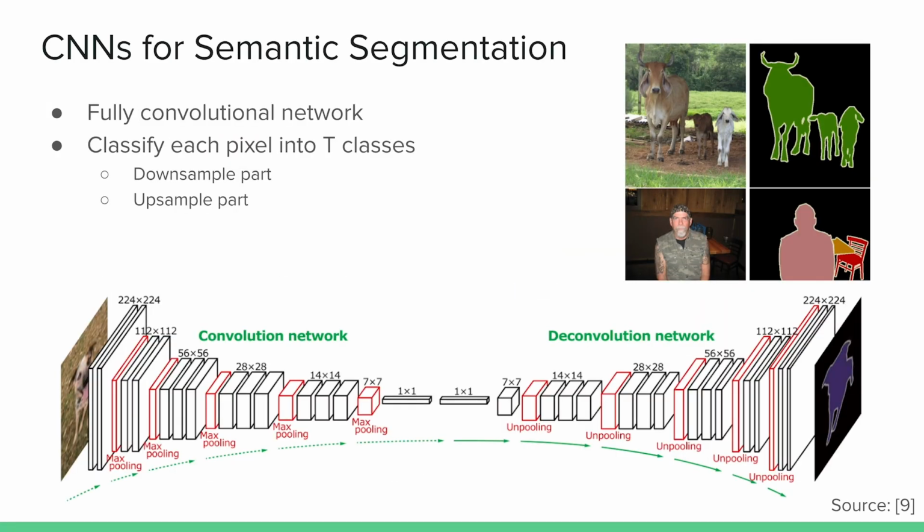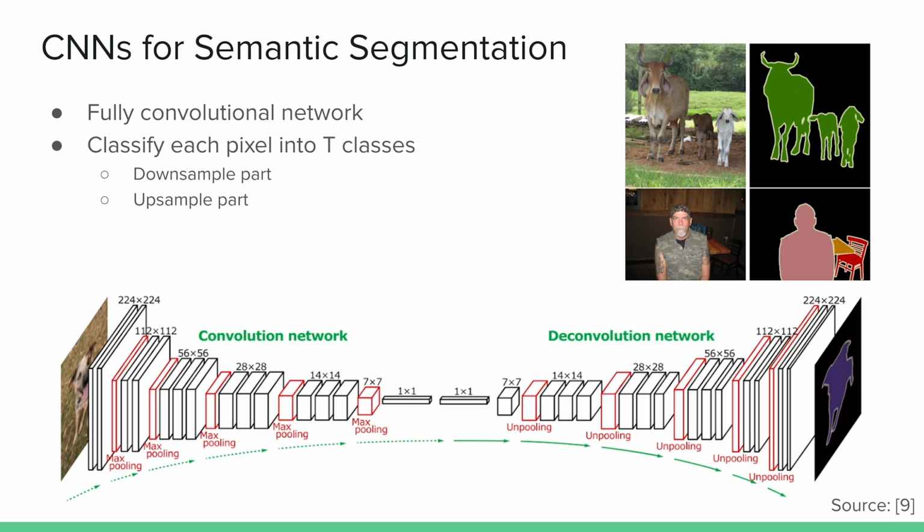We can also do semantic segmentation, where we say, okay, assign a class label to each pixel, but not necessarily to each instance. And one way of doing this could be with a fully convolutional network, where we have a bunch of convolutions that always kind of make the image smaller. And in the middle, we have something really interesting.